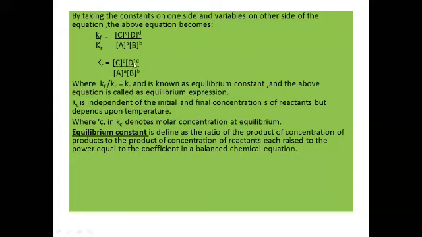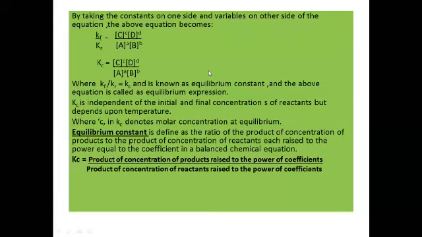Small c, small d, small a, small b are their powers. So in the definition we have also considered the powers. What are these powers? These powers are their numbers of moles which appear in the balanced chemical equation. So each is raised to a power equal to the coefficient in the balanced chemical equation.